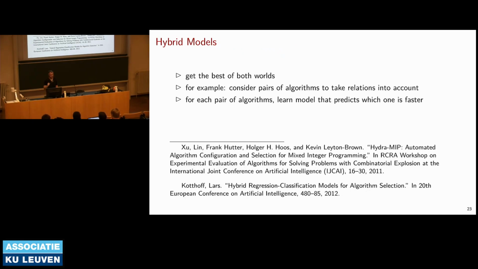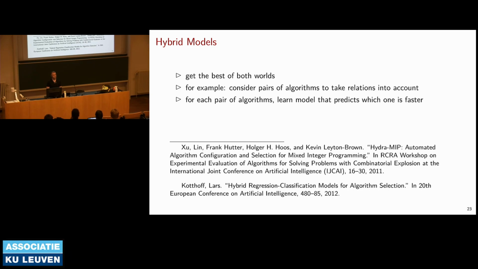So then we can also, again, get arbitrarily complex with this. We can build hybrid models where we have something that considers the algorithms individually, but also together, for example, pairs of algorithms. So instead of predicting performance of an individual algorithm, we're predicting performance differences between two algorithms. And the intuition here is that this is often easier.